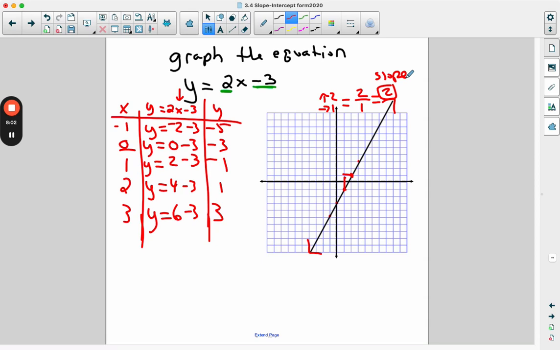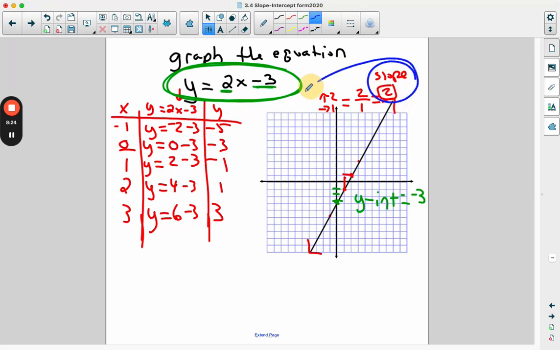And if I asked you to look there and find what the y-intercept was, you would say, oh, the y-intercept crosses here, that's at negative 3. It is not a coincidence that the equation to this line is y equals 2x minus 3. Our slope is 2, and our y-intercept is negative 3.